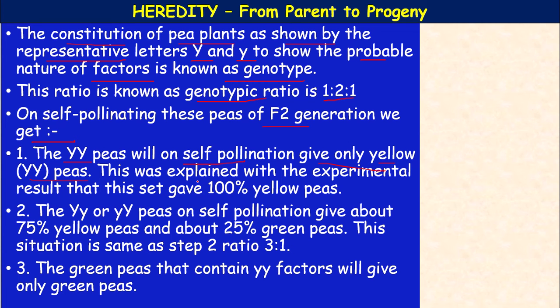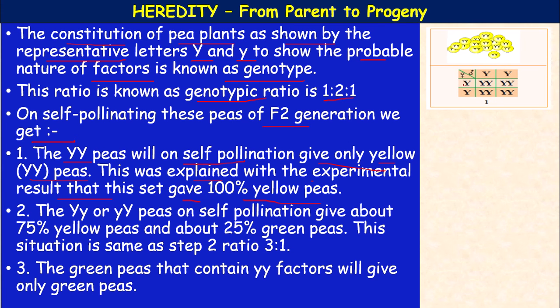This was explained with the experimental results that it gave 100% yellow peas. So capital Y when crossed produces all capital Y combinations only.